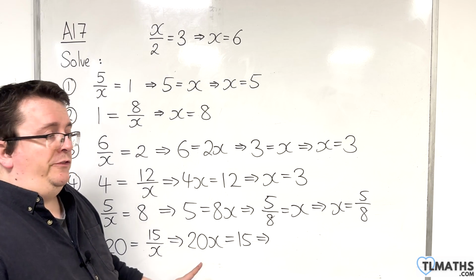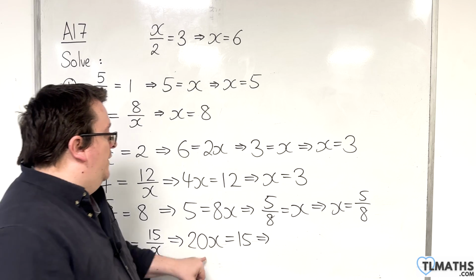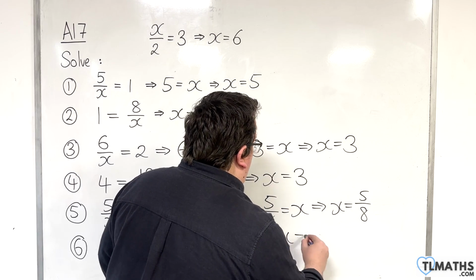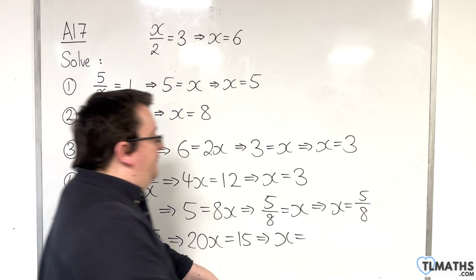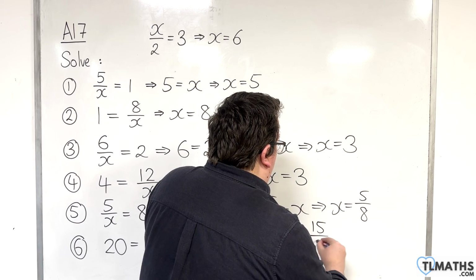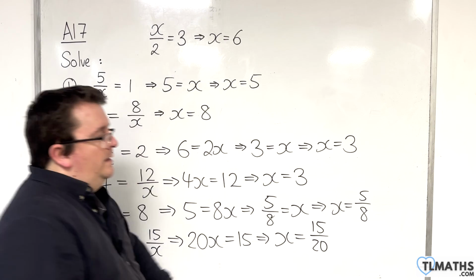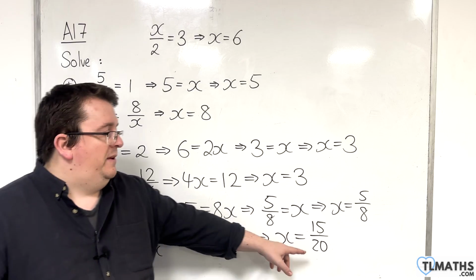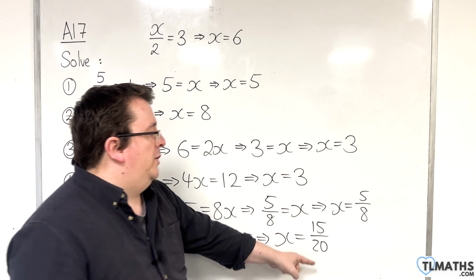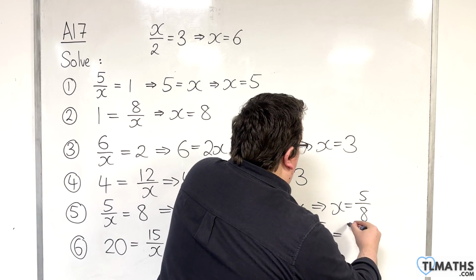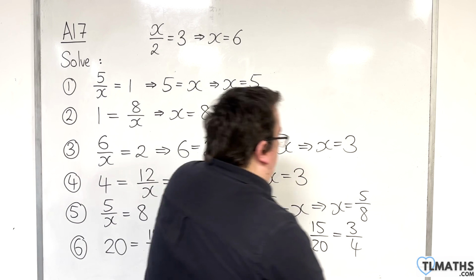So I'm going to divide both sides by 20. Divide the left-hand side by 20, I'm just left with x. On the right-hand side, I'm going to have 15 divided by 20, or 15/20. Now this is a fraction that can be simplified because you can divide top and bottom by 5, and that will get us 3 over 4, so 3/4.